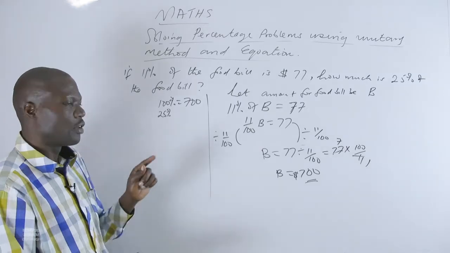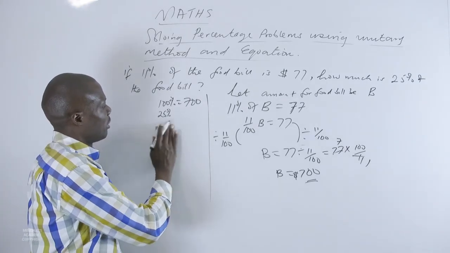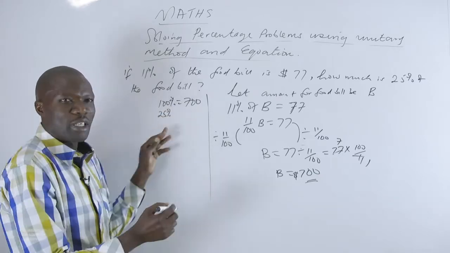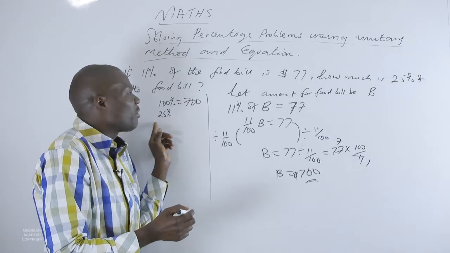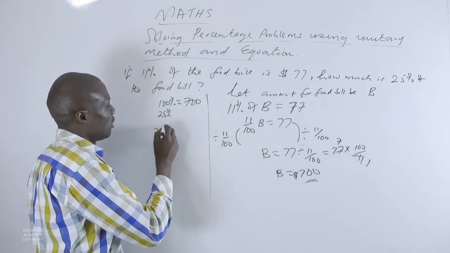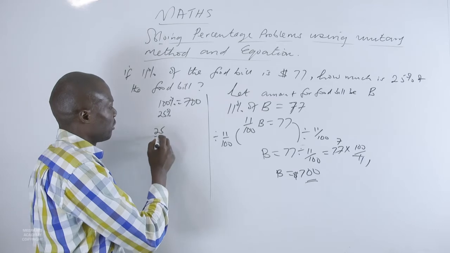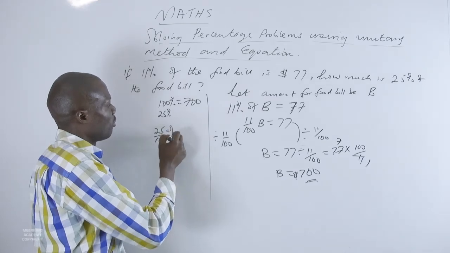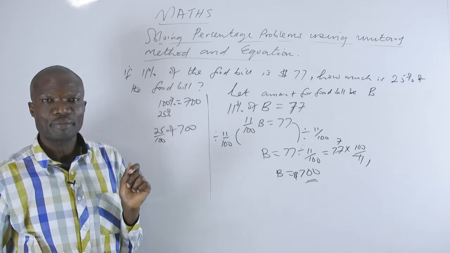So if 100% is 700, and we want to look for 25% of the total amount, this is the same as 25 over 100 of B. And what is B? 700.